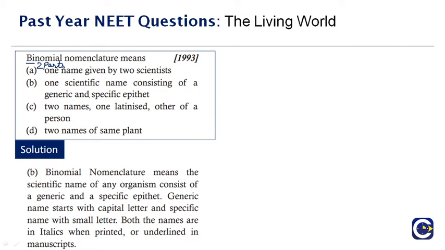Binomial nomenclature means a scientific name of any organism. It can be any living organism, right from the tiniest to the highest. It doesn't matter. But when I say two parts, the first part will be the genus and the second part will be specific epithet. So let's take an example. Let's consider Plasmodium vivax.